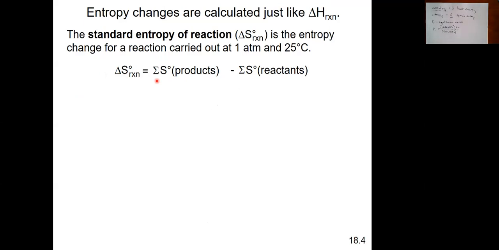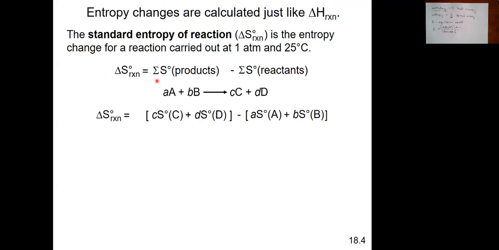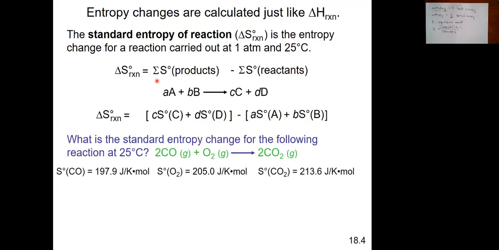So the summation of the entropy of the products multiplied by their coefficients minus the summation of entropy of the reactants multiplied by their coefficients. So there's a standard generic thing, but that doesn't always mean so much to us. Let's do a real example.